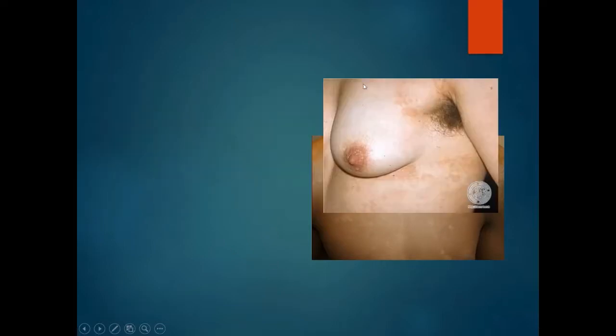Here we have a gentleman with darker skin who has developed these pale hypopigmented macules, and there may be some slight scale. And in contrast, we have a pale-skinned individual with the same condition who has instead developed hyperpigmented or brownish discoloration as macules.